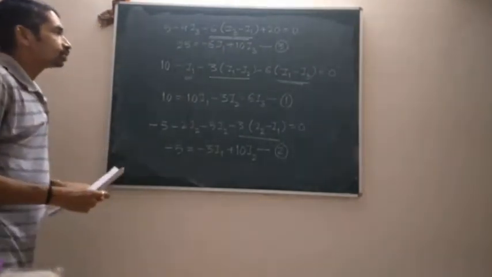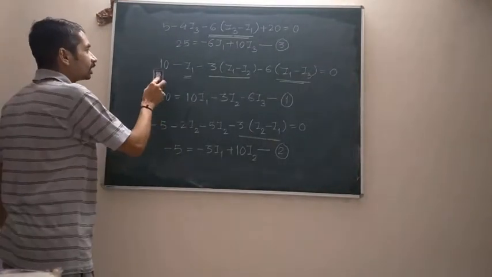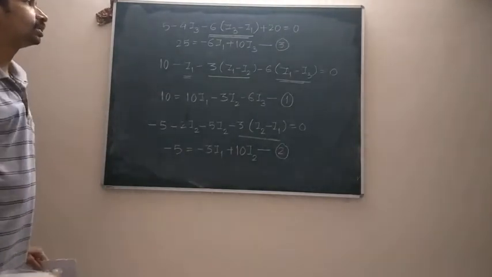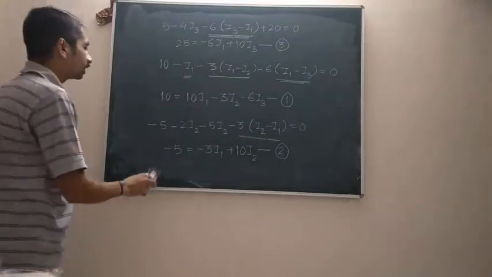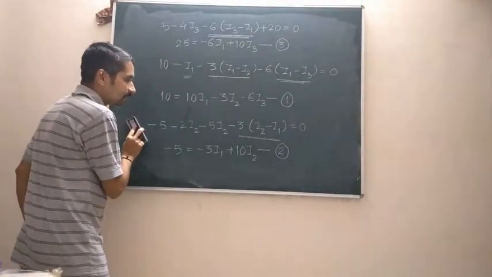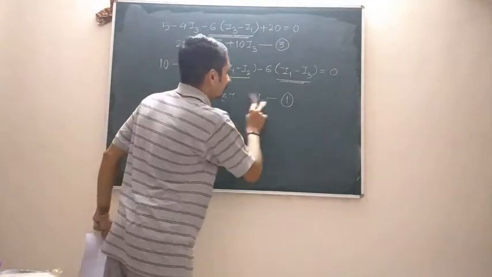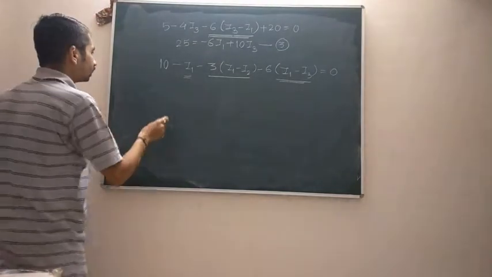If you have understood how we have obtained these 3 equations, the only thing remaining is to put their coefficients in your calculator and get the answers. If I do that, I will get the answers for I1, I2 and I3 like this.